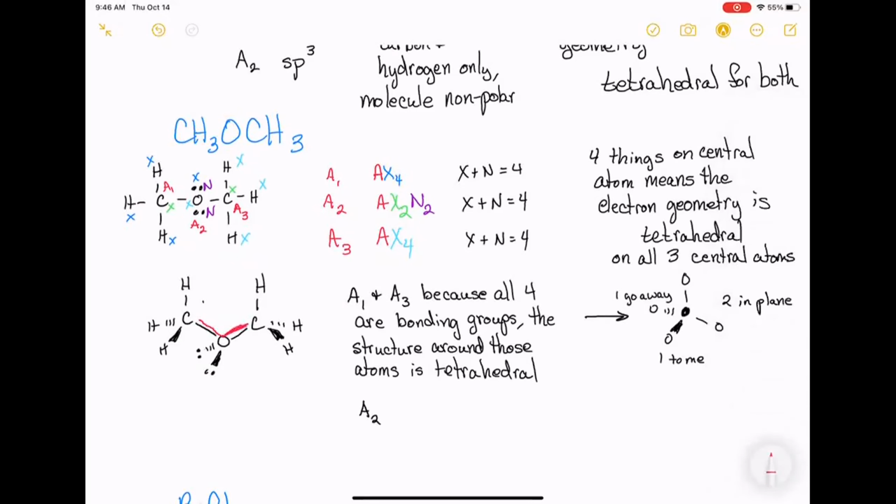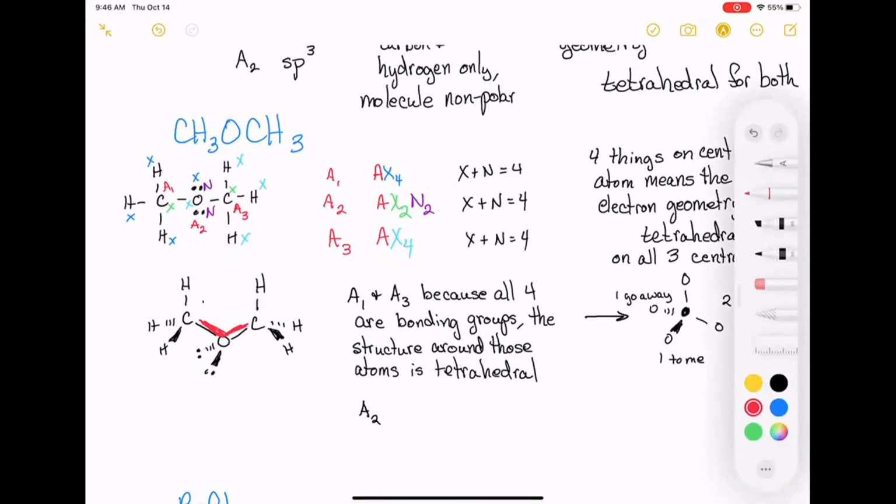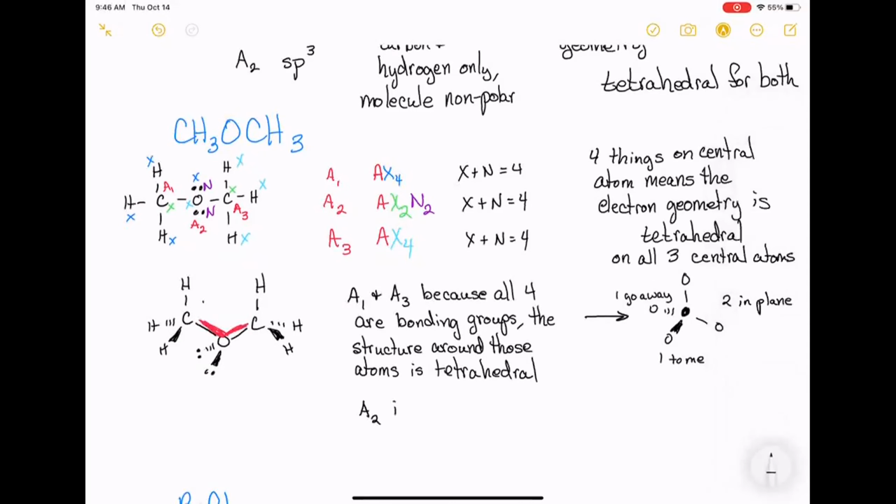And if you only take into account bonding groups, then this structure can't be tetrahedral. So A2 is bent. Because it only has 2 bonding groups.